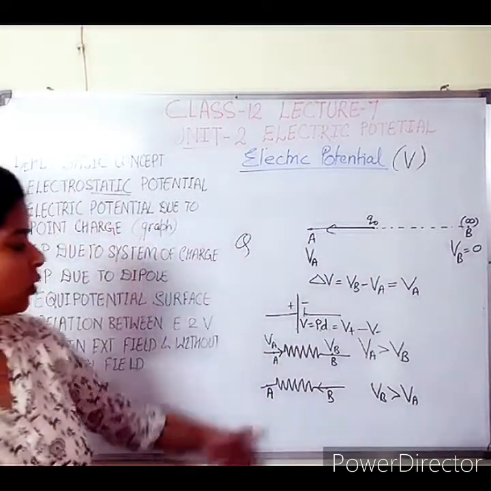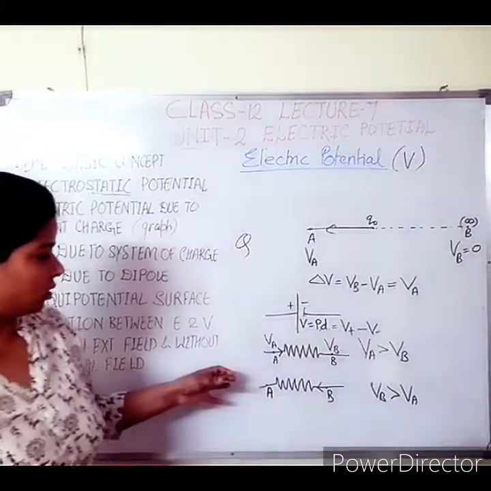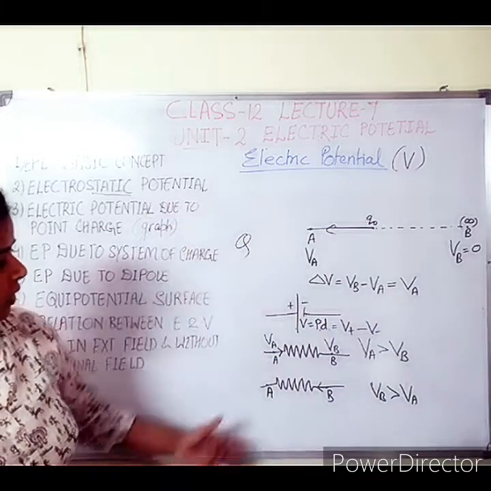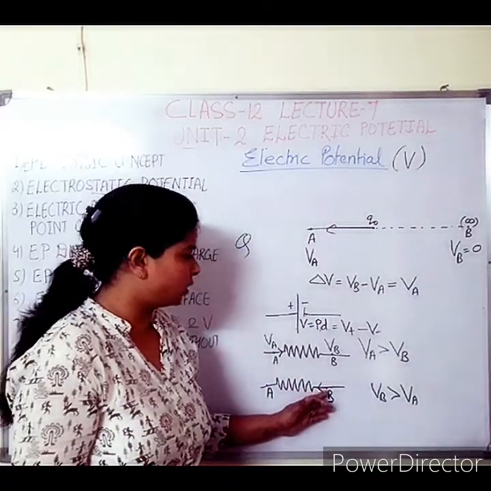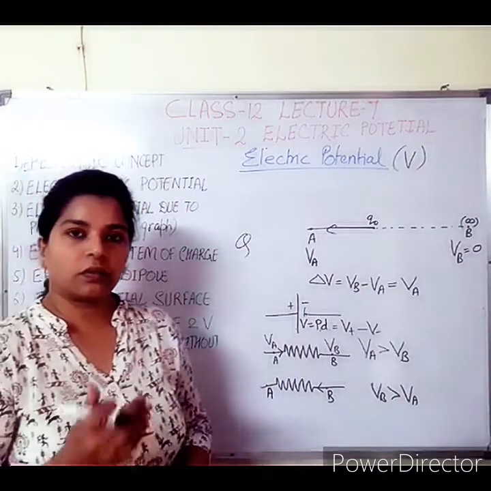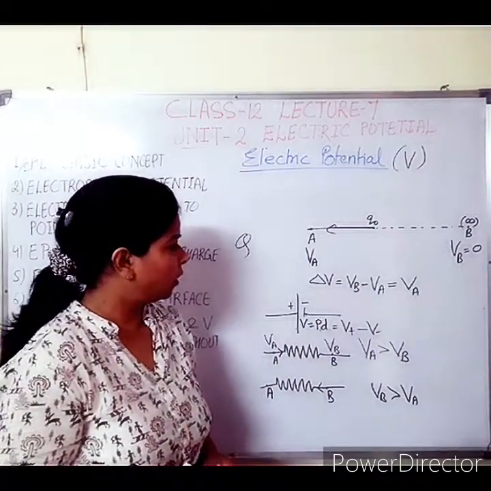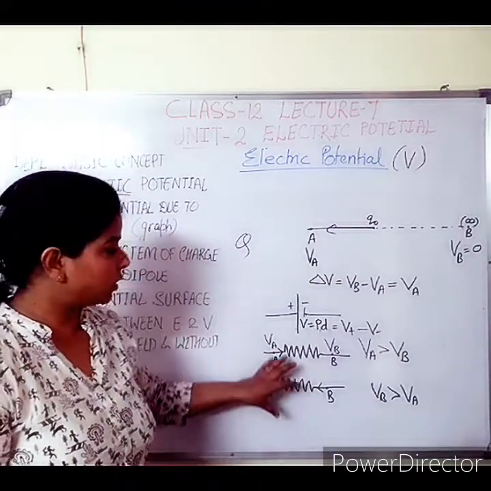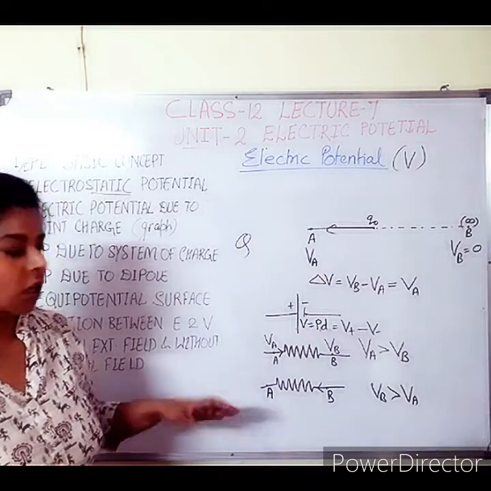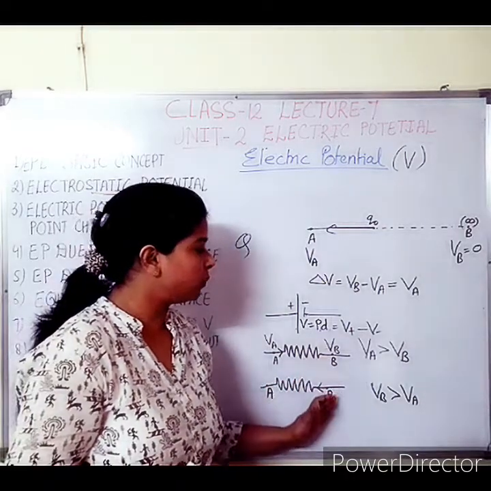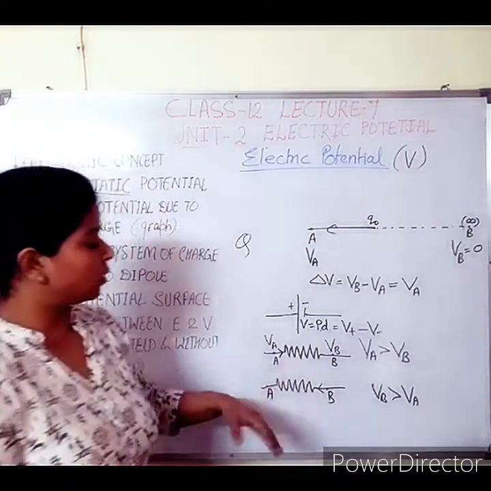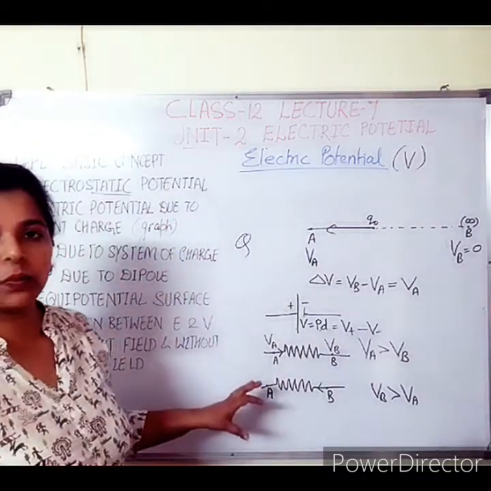So one important conclusion of this overall explanation is that the current always moves from higher potential to lower potential. Or in very basic terms, current corresponds to positive charge. Positive charge flows from higher potential to lower potential, and the reverse of this is electron motion.